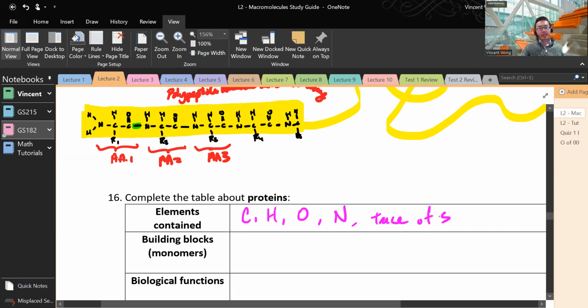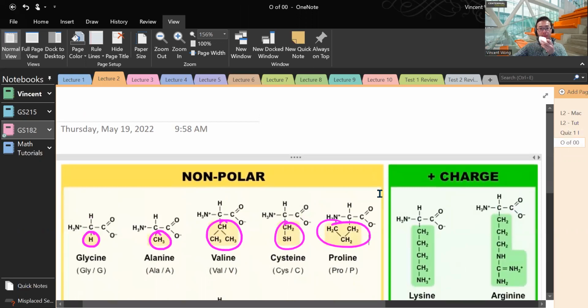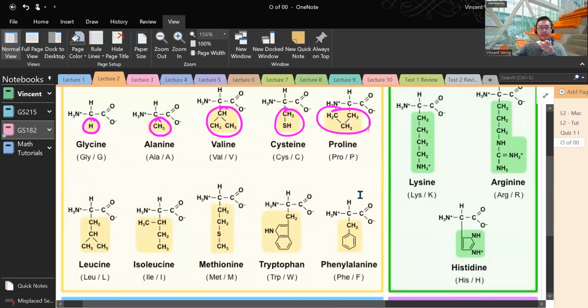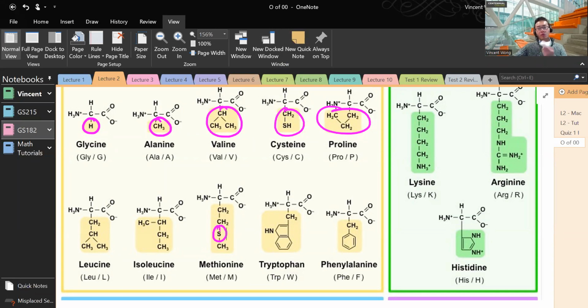Okay, a little bit of sulfur. If you look here, one of the amino acids, cysteine, has sulfur in it. Nothing else has. Oh, the methionine also has a sulfur here. So some of them have sulfur, but not a lot. So traces of it.